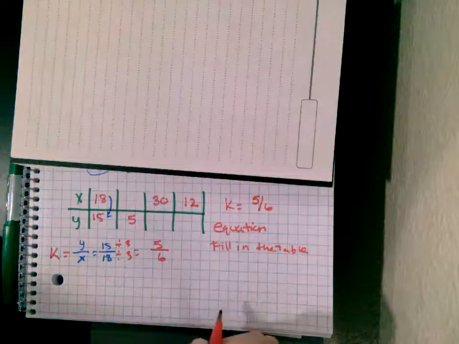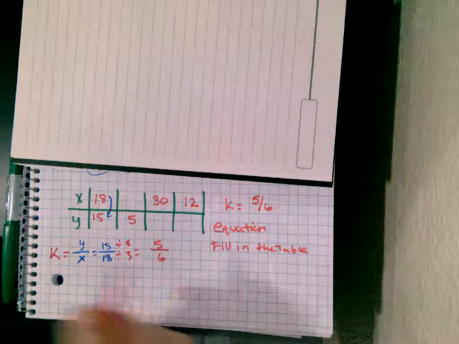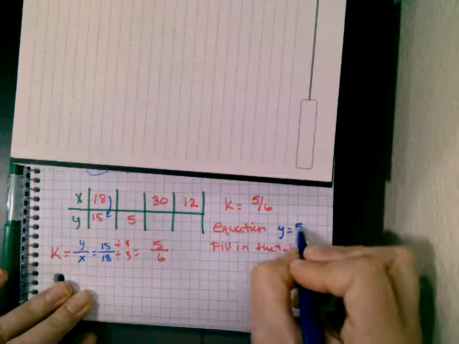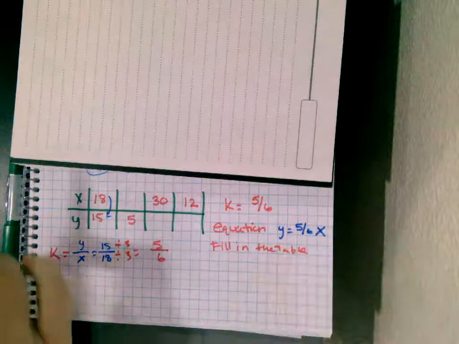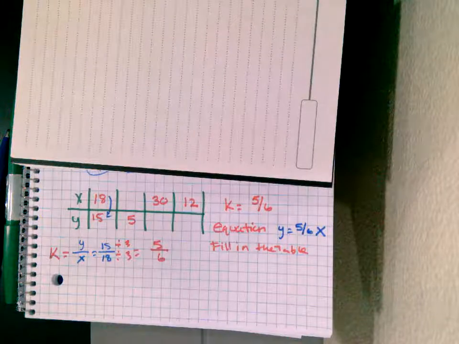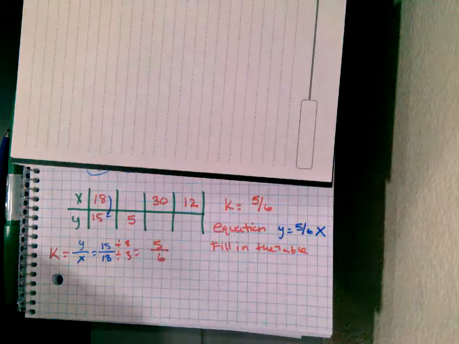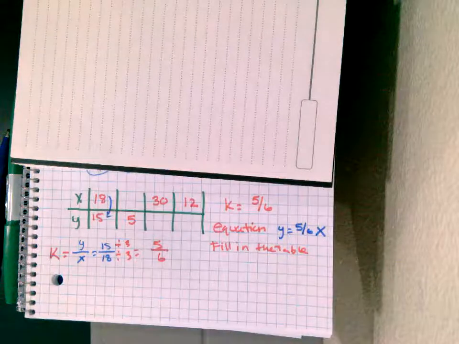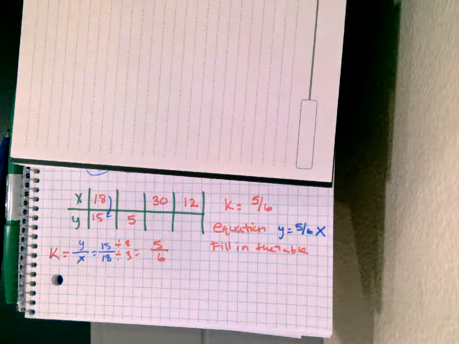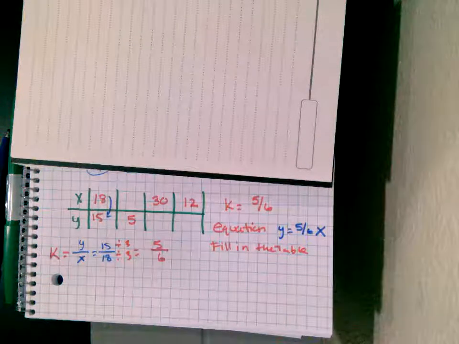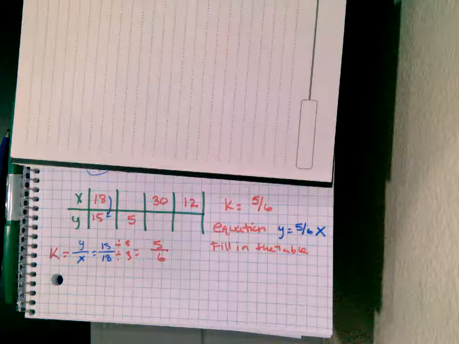It's a fraction. All right, so my equation is y equals 5 over 6 x. Yes, your equation can be in the form of a fraction. That's okay. We tend not to write them as decimals. We tend to leave them as fractions. All right. So, how are we going to do the rest?